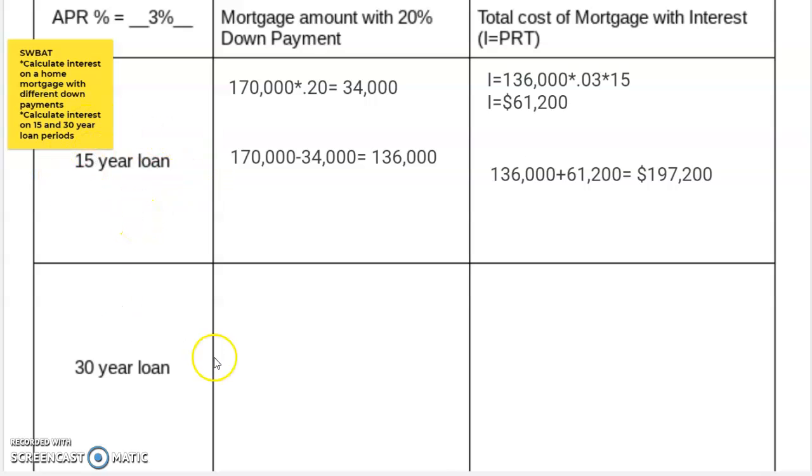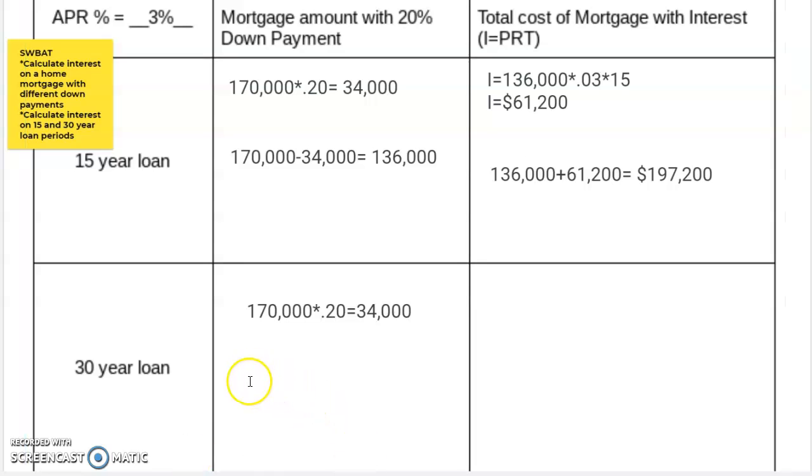So why don't we go ahead and do that for our 30-year loan period as well. You're going to calculate your down payment the same way: $170,000 times your 20%, or 0.2. It's going to give you your $34,000.